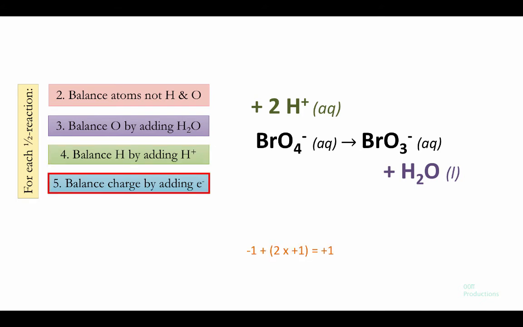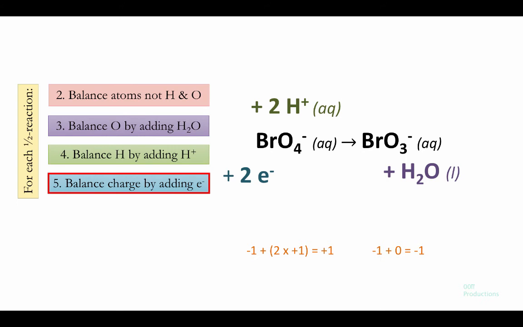We have a -1 charge on the perbromate, plus 2 +1 charges from the hydrogen. So +1 charge there. On the left, we have a -1 charge from the bromate and a neutral water molecule, so that gives us a -1 charge. Add electrons to the side with the highest charge.